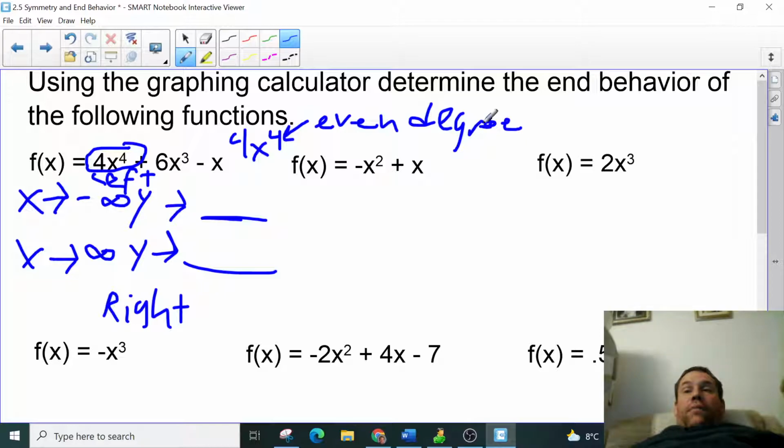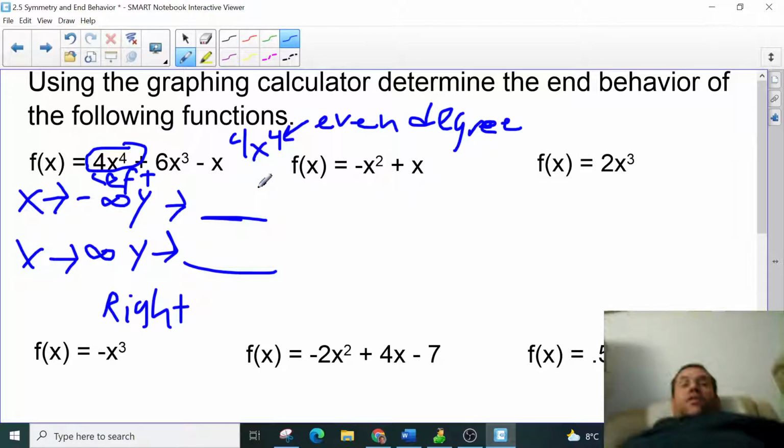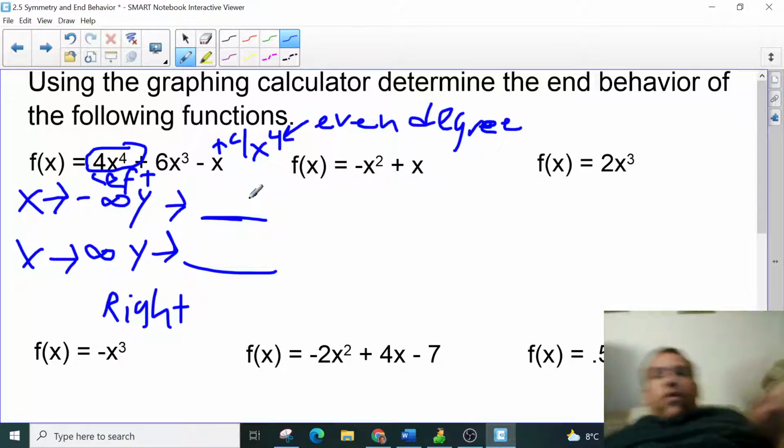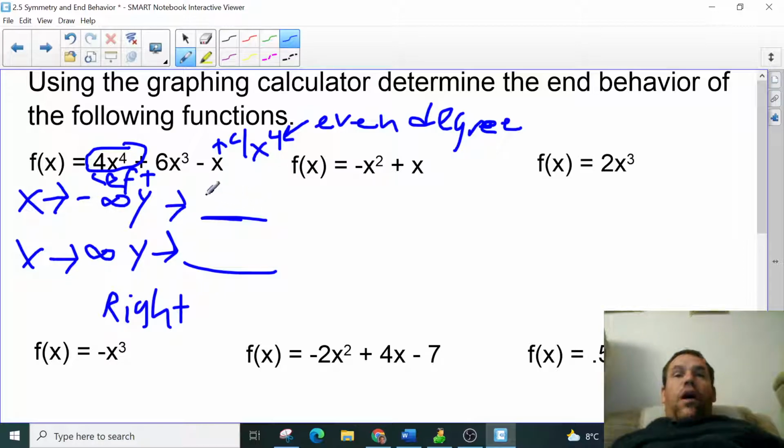Here's the strategy as we go left to negative infinity: they're both even, and both leading coefficients are positive, so it's going to end positive, positive. So y goes to positive infinity, and y goes to positive infinity.